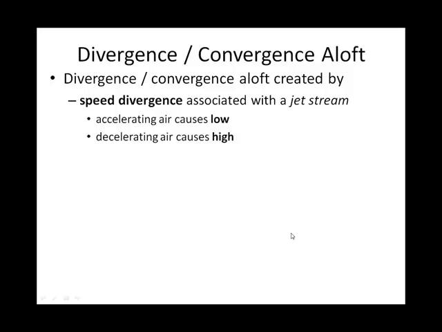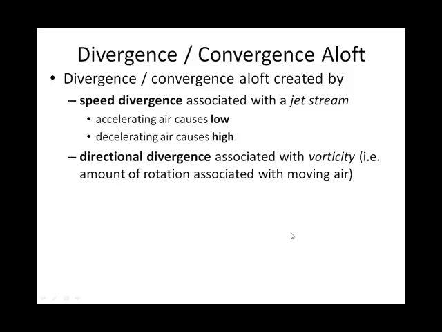And let's see, oh, did I say that wrong? Accelerating would create a low aloft, which would sustain a low below. Is that what I want to say? Yeah, a place for that air to go. And decelerating would sustain a high below.